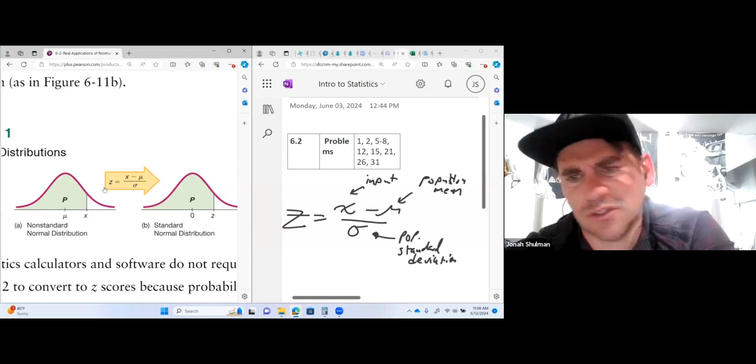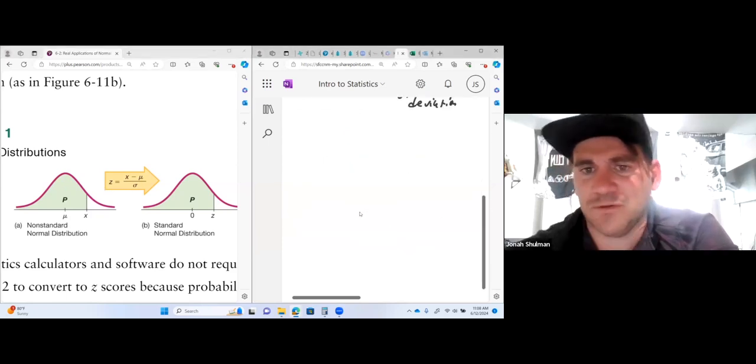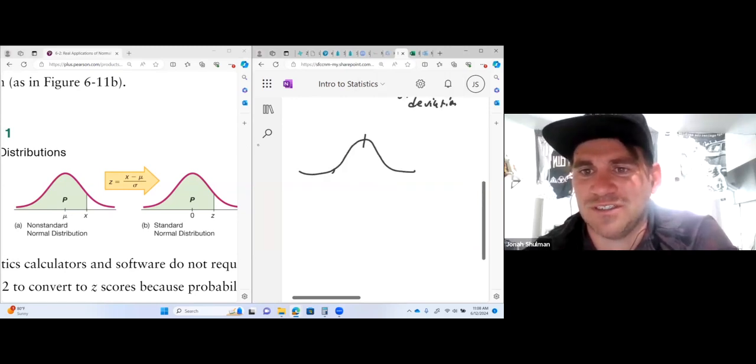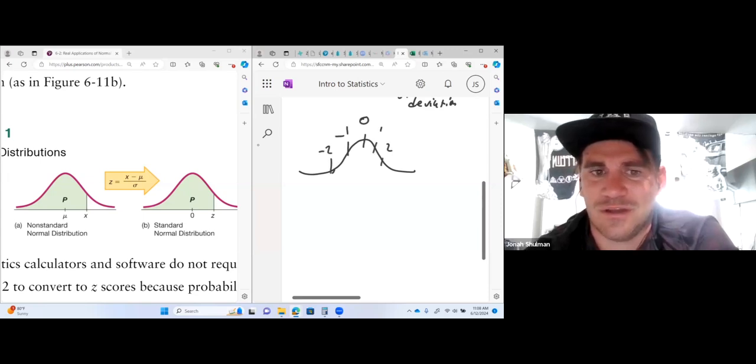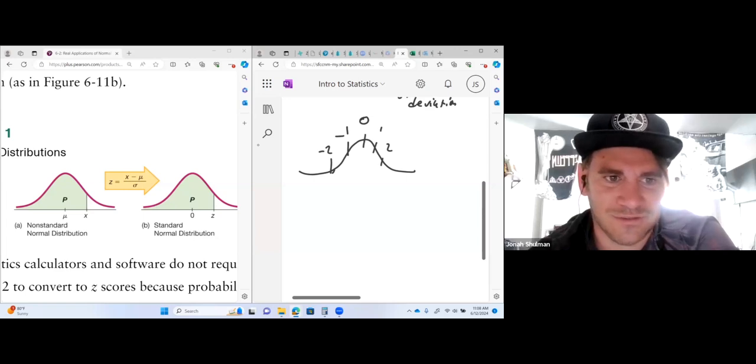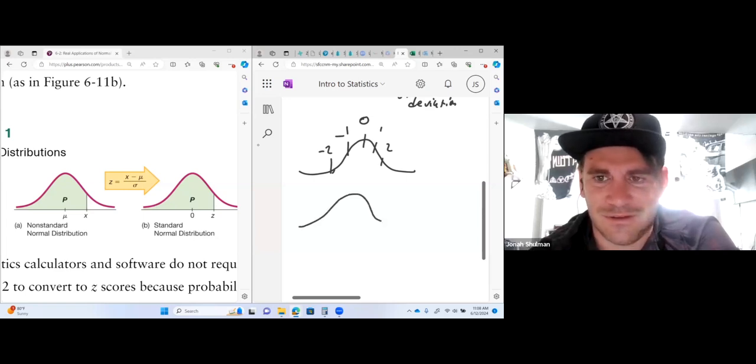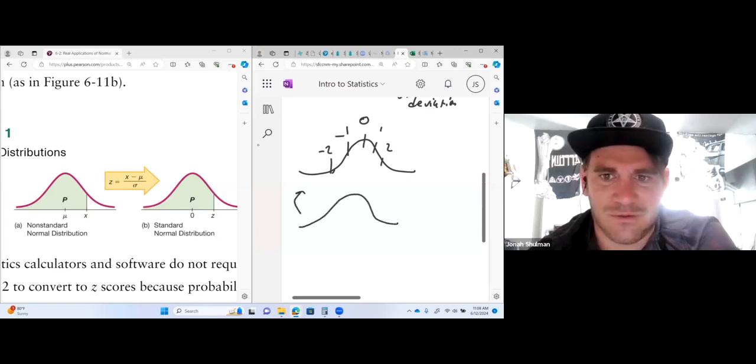As long as we do this little formula, we can take our beautiful probability curve, our standard one, which is zeros, and turn it into this one.